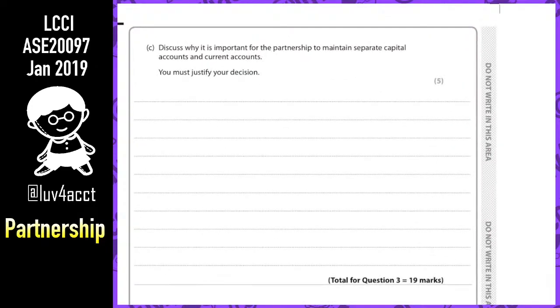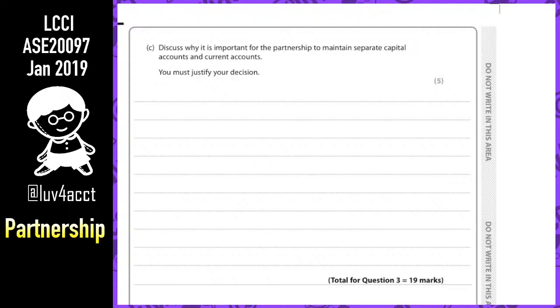Discuss why it is important to a partnership to maintain separate capital and current accounts. Well, let us deal with this first. We have to explain a little bit.